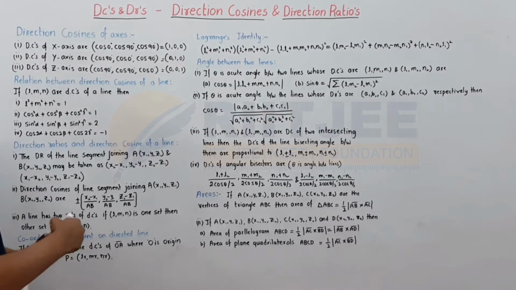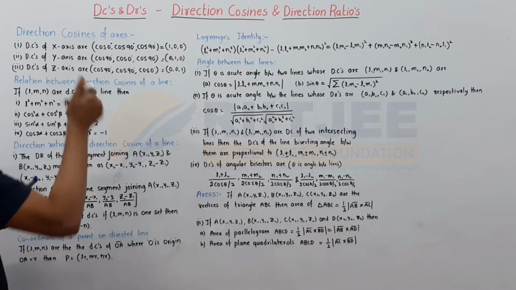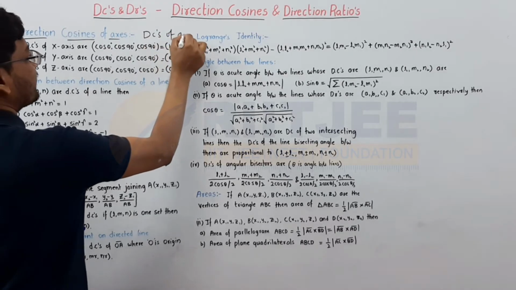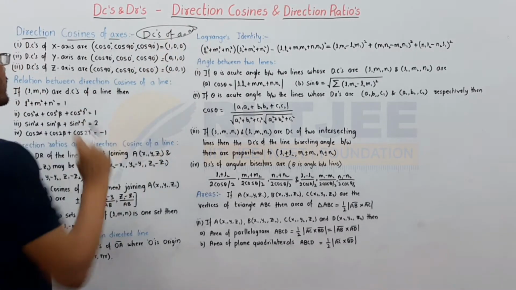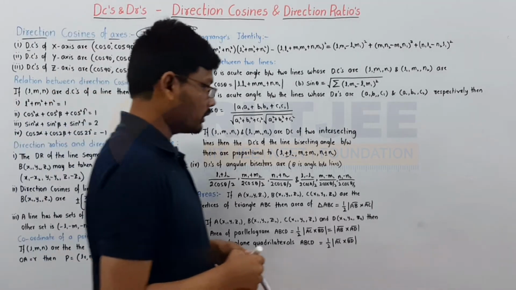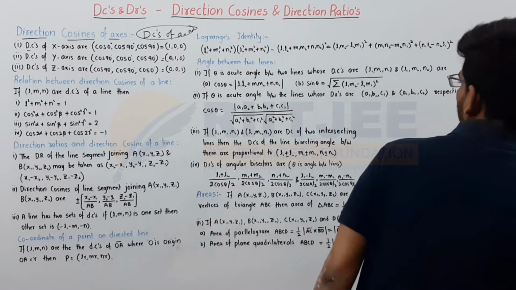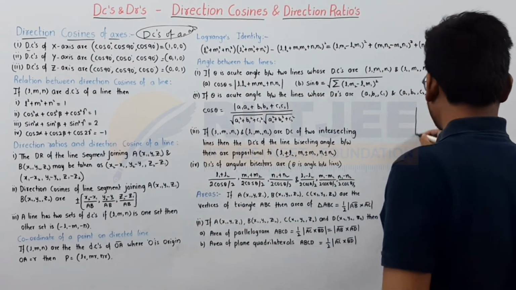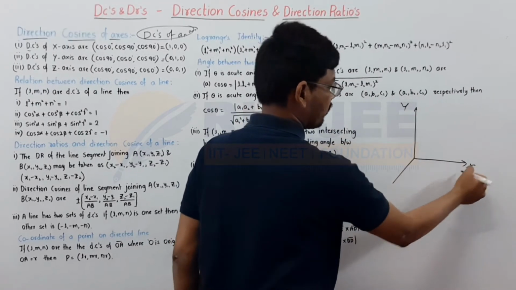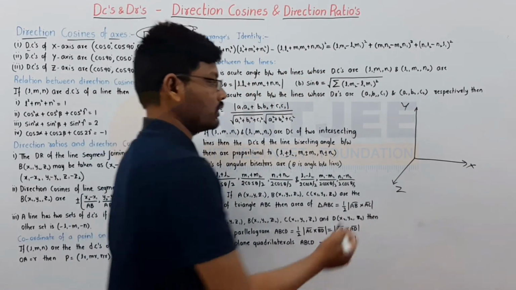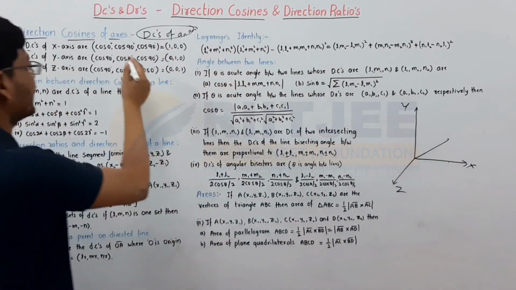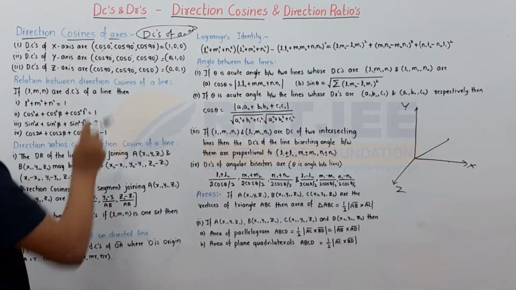Next, we have the direction cosines, DCs, of an axis. Taking the coordinate axes x, y, z, the direction cosine of the x-axis is cos theta.